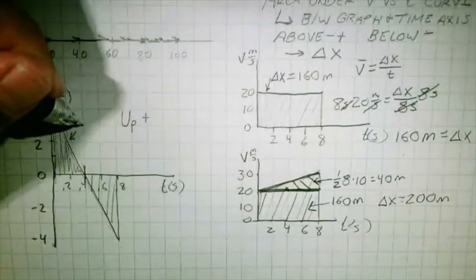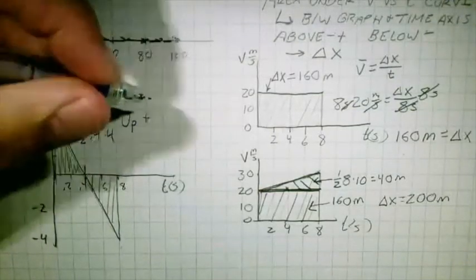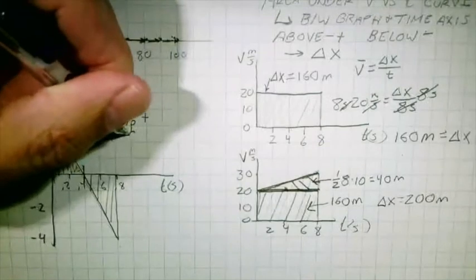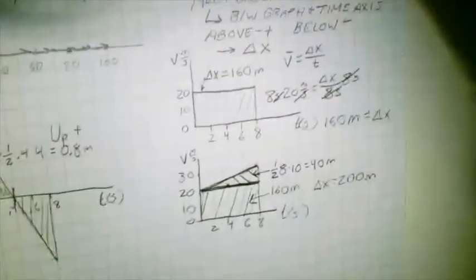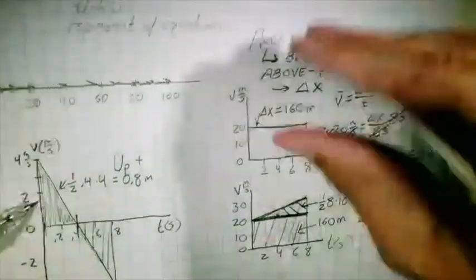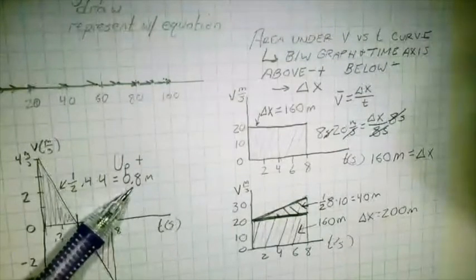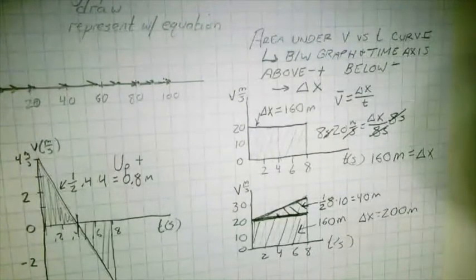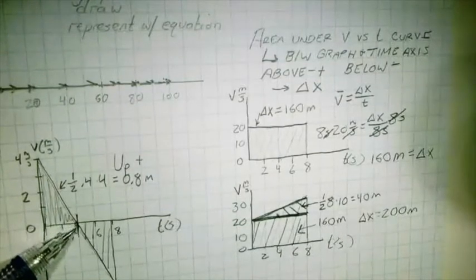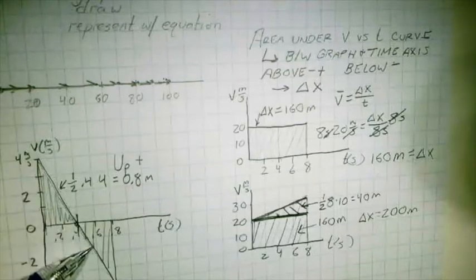And this ends up being area is 1/2 times 0.4 times 4 equals 0.8 meters. So during the time until it gets to the top, it went up 0.8 meters, and I can tell this is the top because that's when it stops having a positive velocity and starts getting a negative velocity, starts coming back down again.